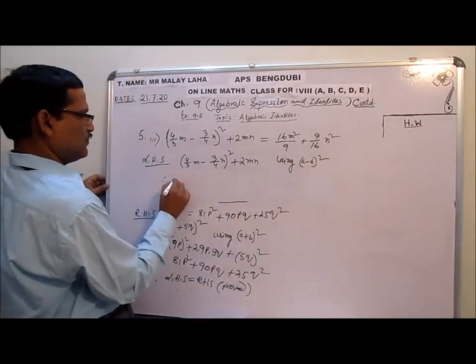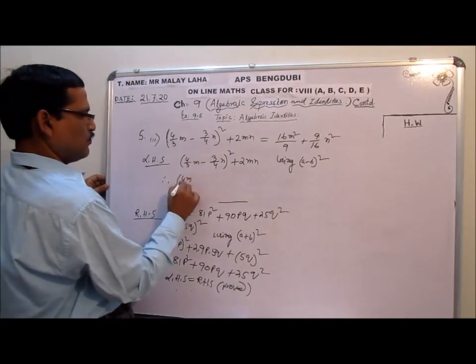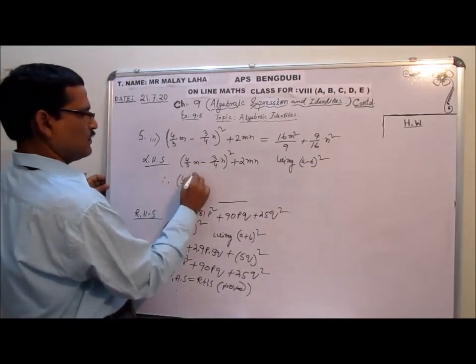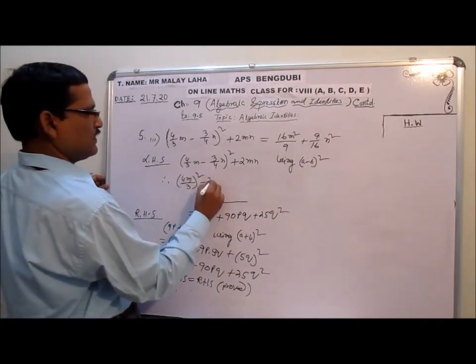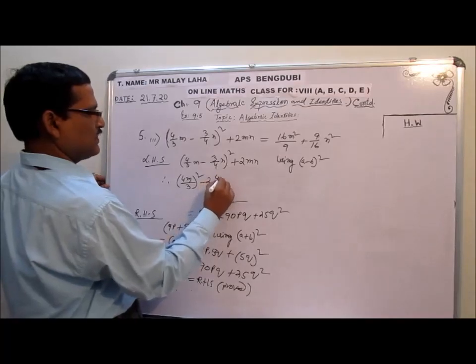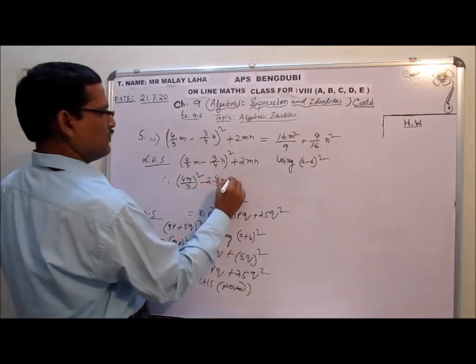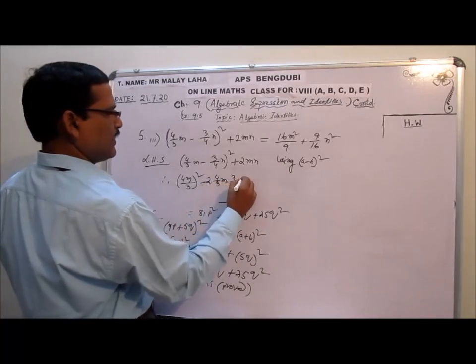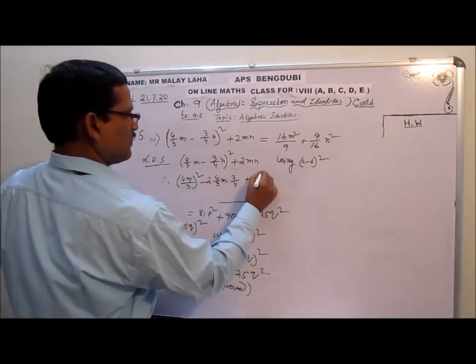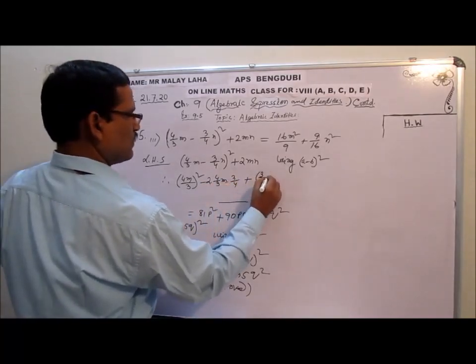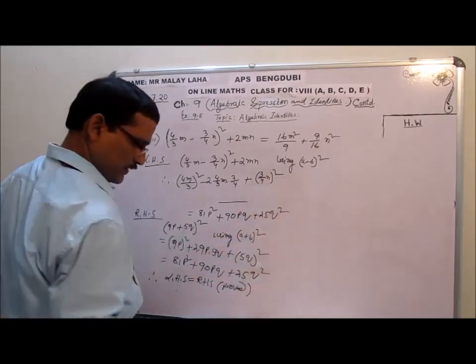So therefore it will be a square, (4 by 3m) square, minus twice a means 4 by 3m into 3 by 4n, plus b square, (3 by 4n) whole square.